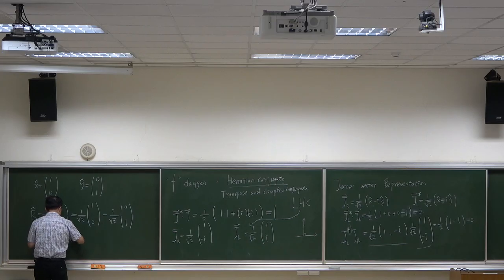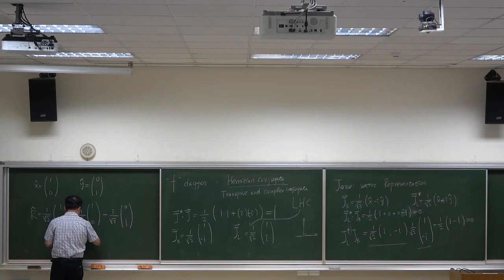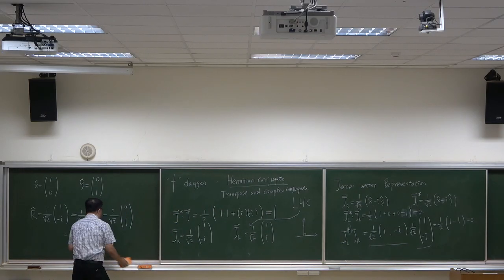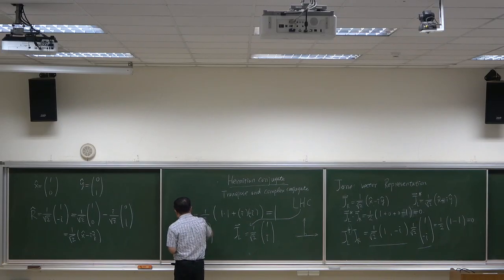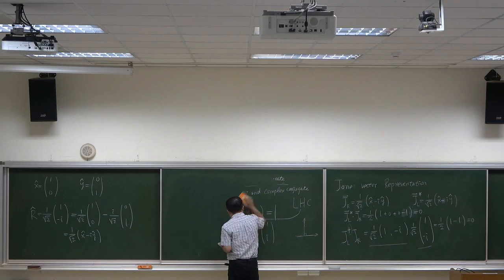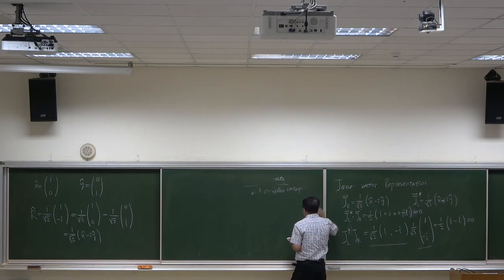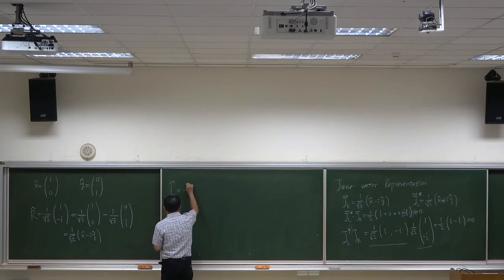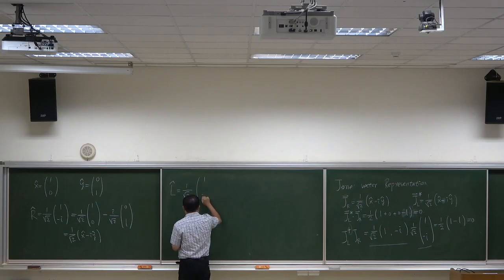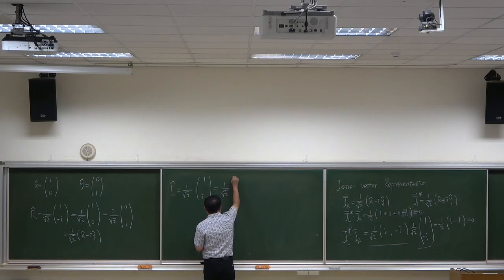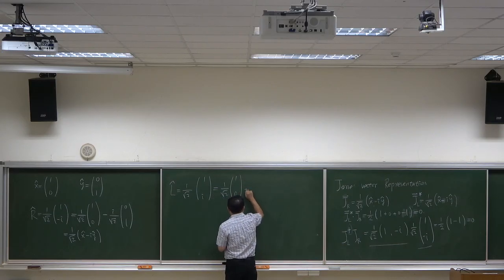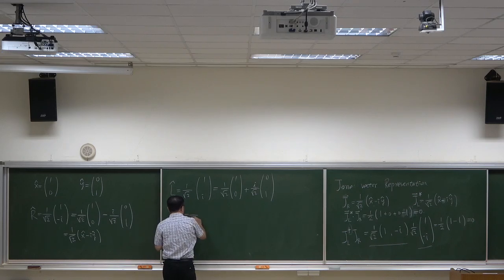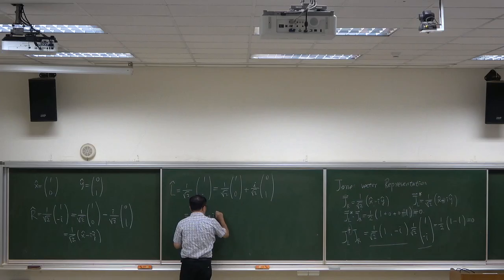Okay, you see that I can write this as, so this is just, okay, and the left-hand circularly polarized light is written as this.